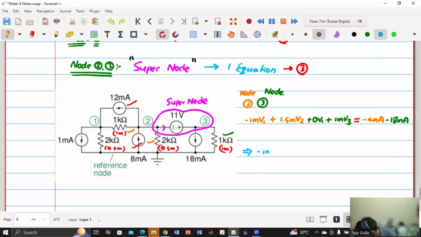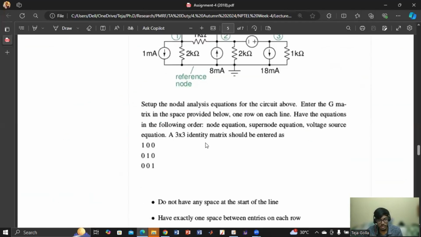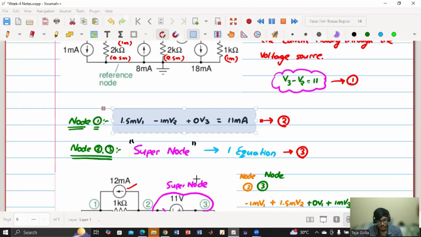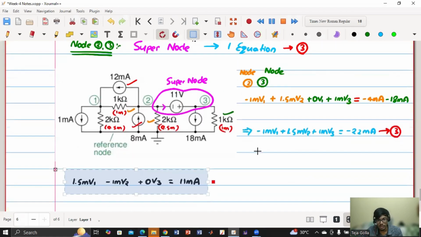We have minus 1 milli V1 plus 1.5 milli V2 plus 1 milli V3 equals minus 22 milliampere. This is going to be our expression 3. So first I'll write this expression, and this is our one expression, and this is our other expression.